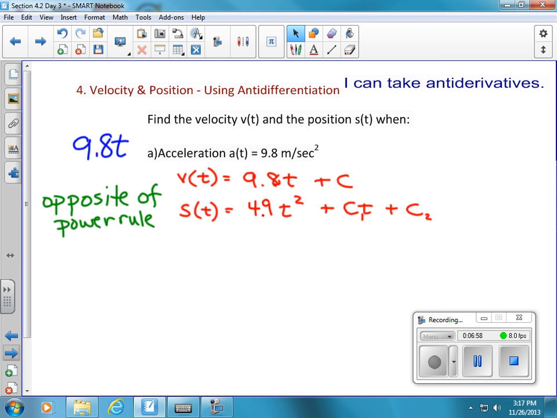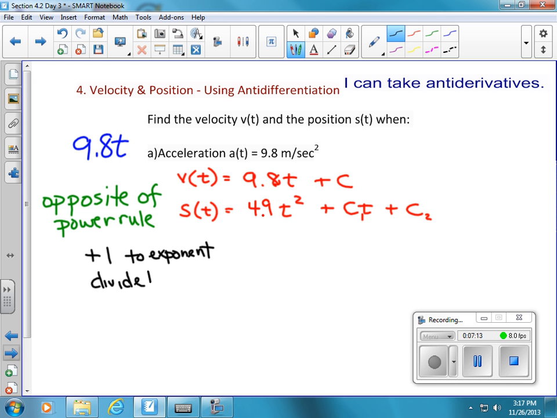So what we do is we add 1 to the exponent, and we divide by the new exponent.